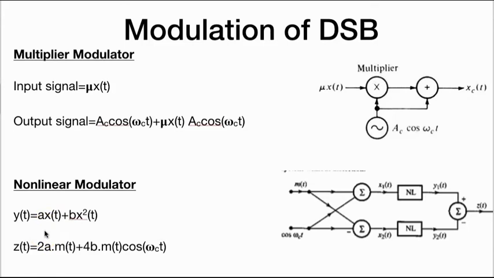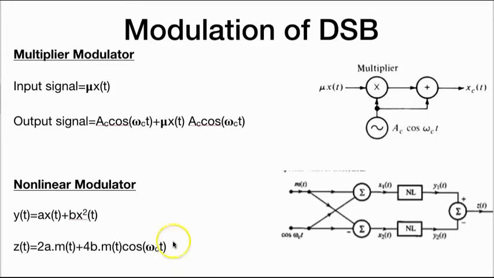In non-linear modulation, we do b into x square t, squaring a signal, and when you square a signal and pass through a low pass filter, you will get 2a mt plus 4b mt cos omega ct.